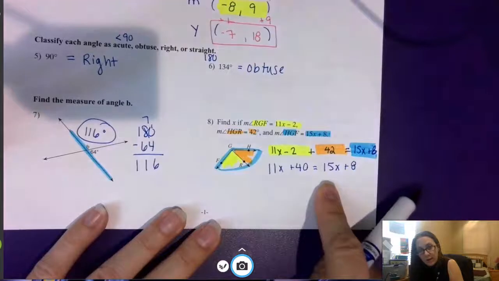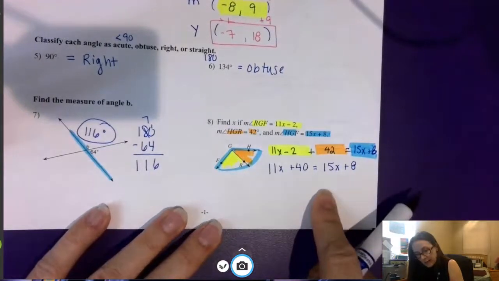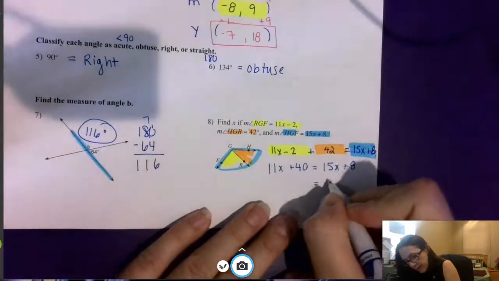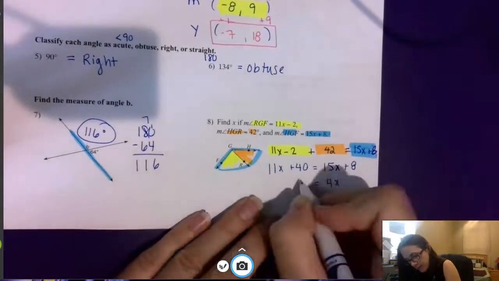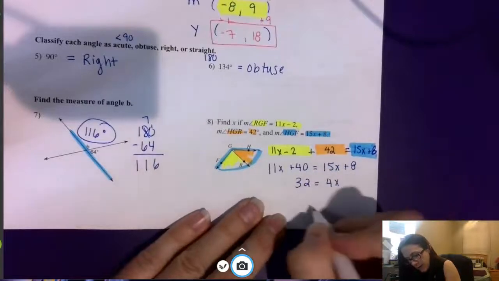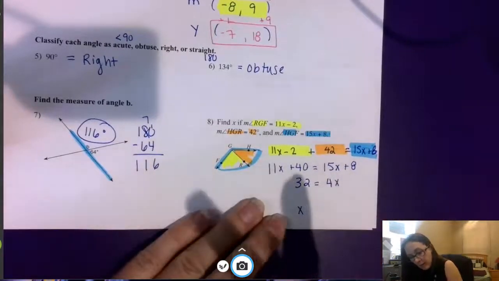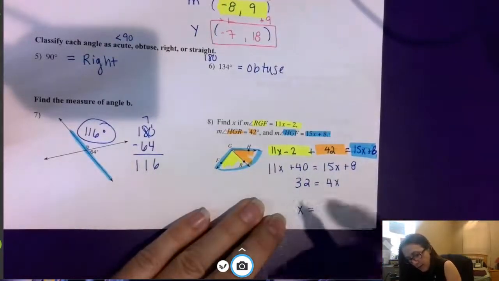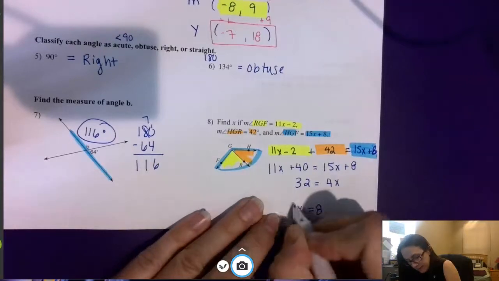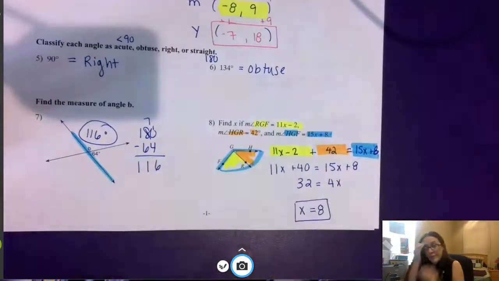I'm going to subtract the 11x because I want that to be positive. So I get 4x. I'm going to subtract 8. I get 32. Divide by 4. I'm going to flop these now. Swap them. X equals 8. Again, you should be pausing and doing these as we go. Okay, on to the next page.